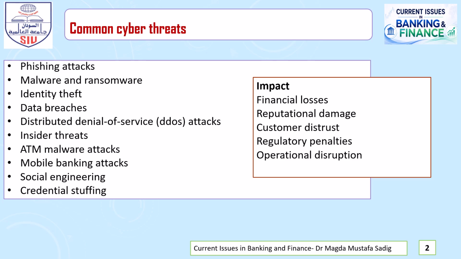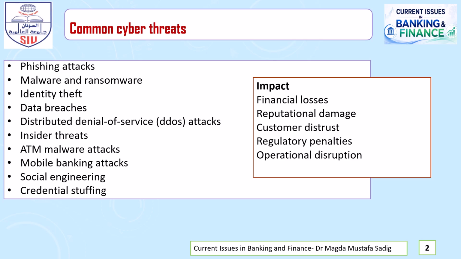Third, identity theft. Identity theft occurs when criminals steal personal information such as national ID numbers, bank account numbers, passwords, and credit card information. They then impersonate the customer to conduct fraudulent transactions.